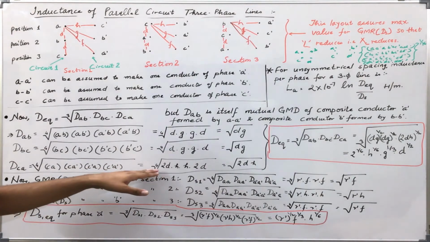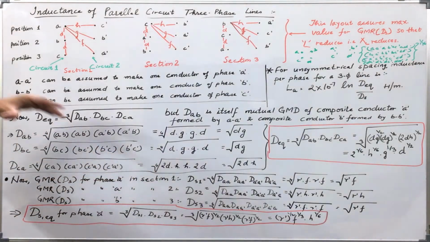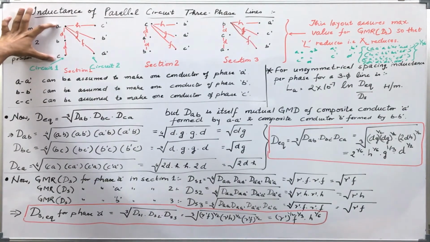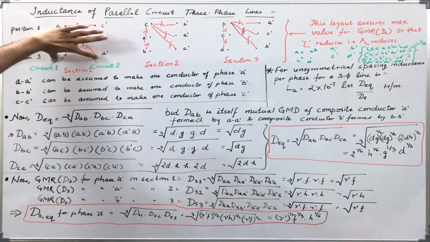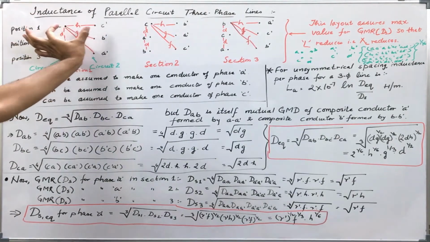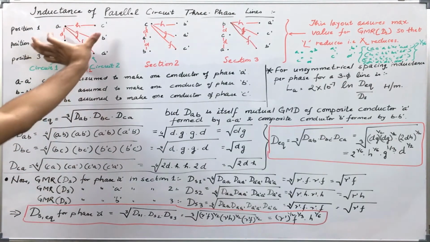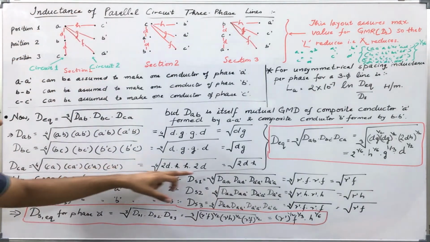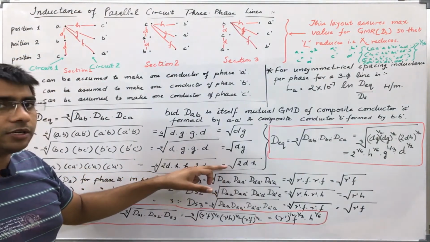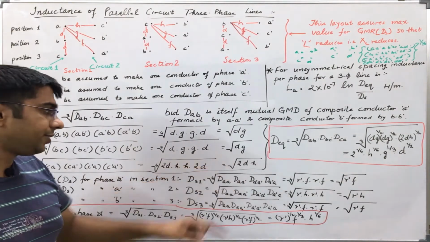What is CA? CA is 2D. CA dash is simply H, C dash A is again H, and C dash A dash is still 2D. So the equivalent value is under root of 2DH.